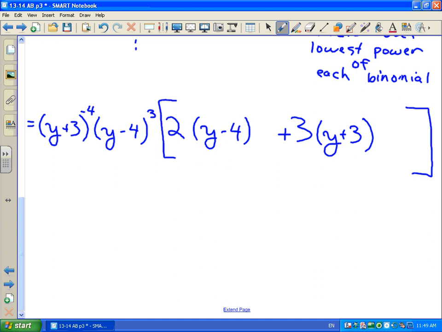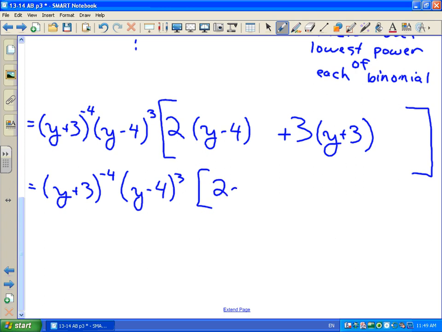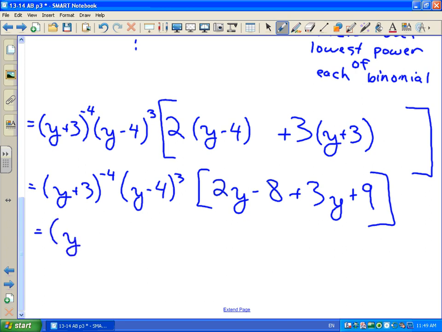Now I can simplify this thing that I have in the square brackets. y plus 3 to the negative 4 stays the same. y minus 4 to the 3 stays the same. And inside those square brackets, I can expand and simplify. 2y minus 8, 3y plus 9, again in square brackets, and simplify again by collecting my like terms.